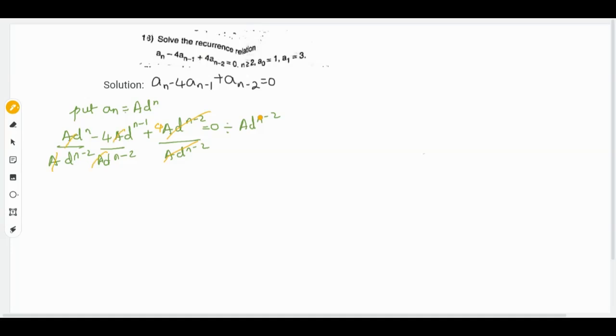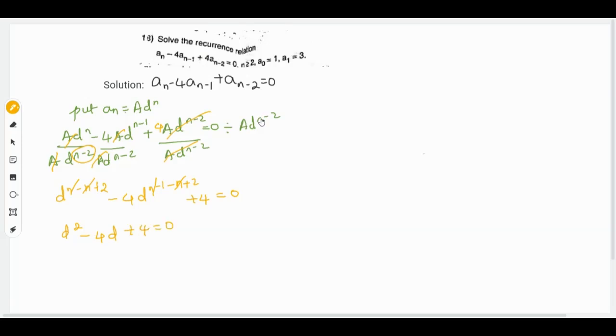So we get d power n, if power we take up it will become negative, minus n minus 2, minus 4 d power n minus 1 minus n plus 2, then plus 4 equals 0. So now if we cancel these terms, we get d square minus 4d plus 4 equals 0.